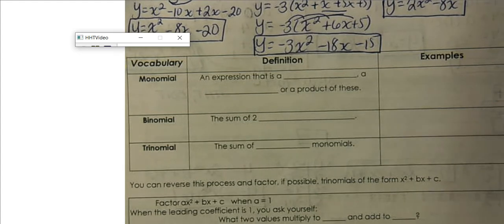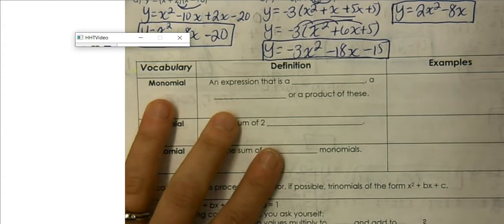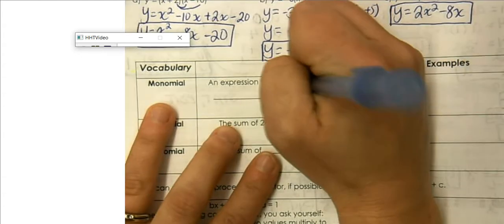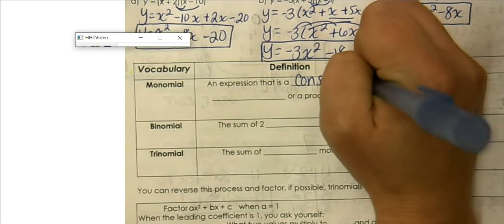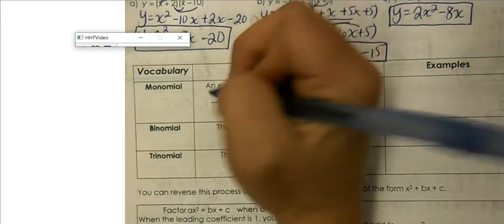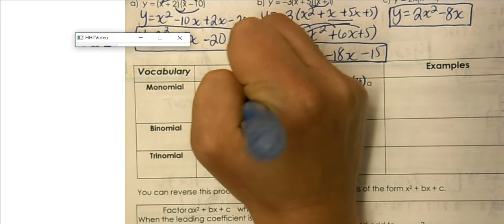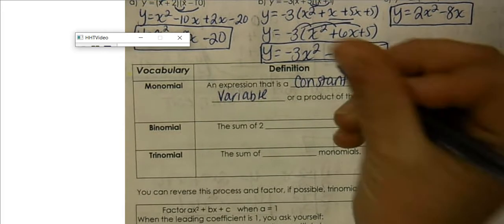The first vocabulary word that we have is monomial. A monomial is a constant, which is a very fancy word for simply a number, a variable, which we know are just letters that represent numbers, or a product of these.